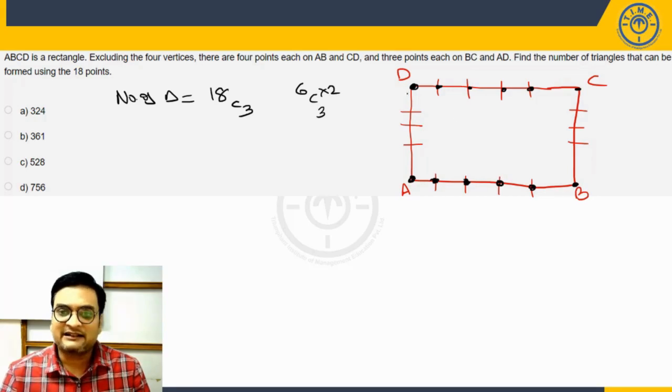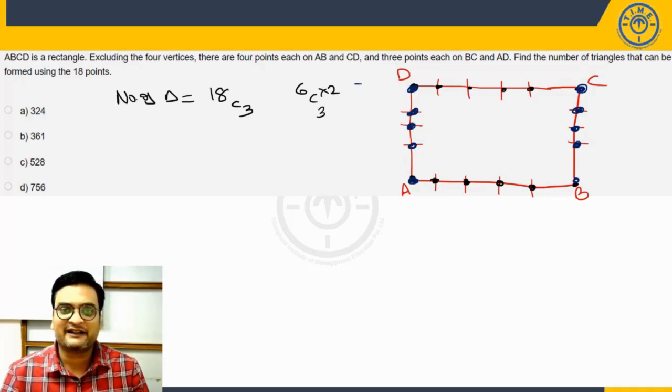Not just that, there are certain triangles that will be removed vertically also. So basically any triangle formed out of these 5 points or these 5 points, they will also have to be removed.